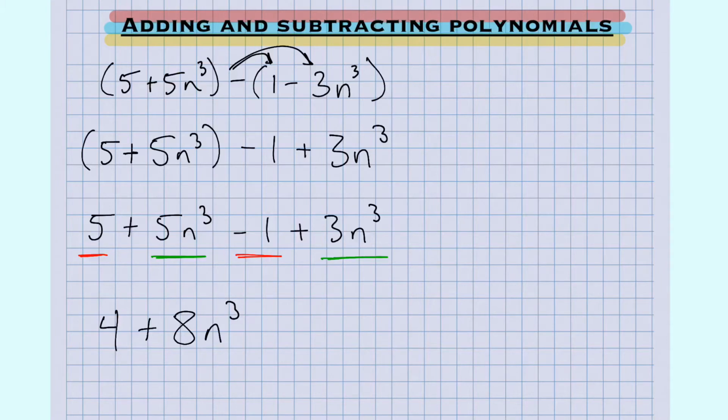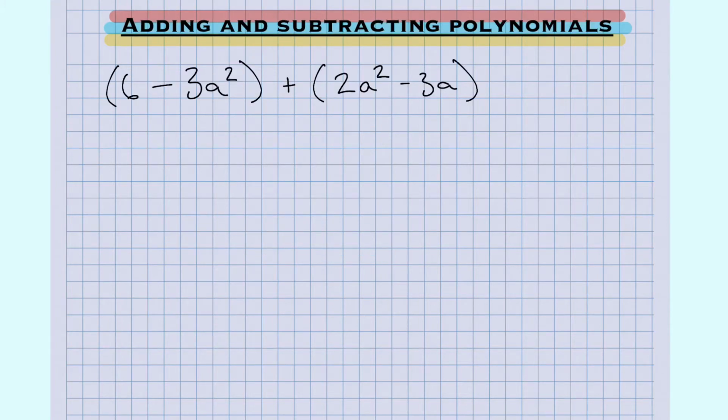Okay, so when you're combining like terms, the variable and the exponent have to both be the same in both cases. So here's the answer for the first one: 4 plus 8n cubed. All right, problem number 2.